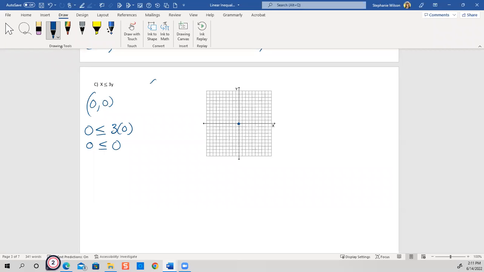What if I plugged in 0, 1? Okay, so I plugged in 0 for x, plugged in 1 for y, I get 3 for y.